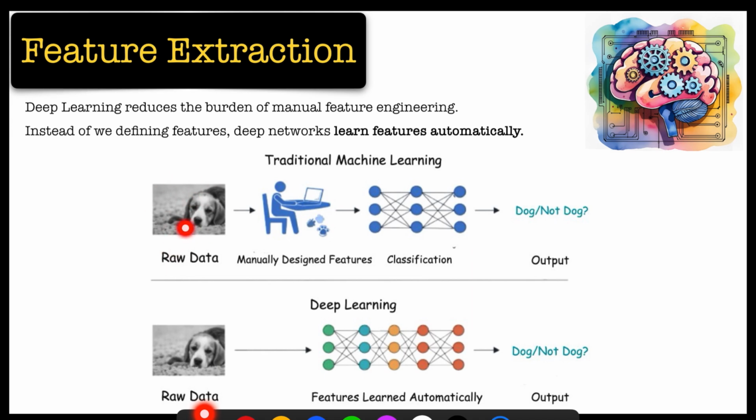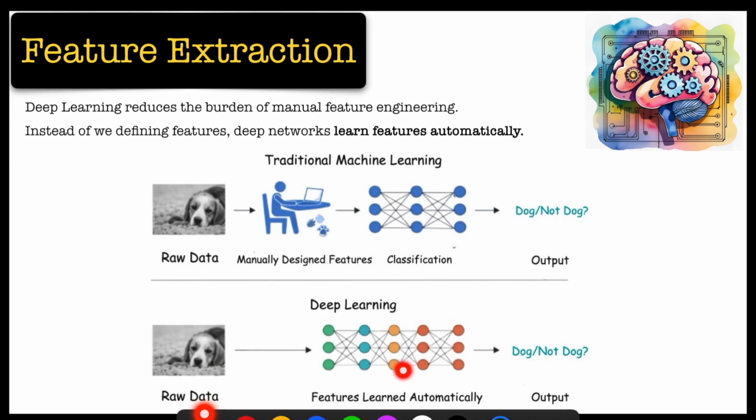We manually extract the features and then pass them through the model. This model can be a normal neural network or any other model, and then it will predict the output. In deep learning, we have the raw data and we directly feed it to the network, and features are learned automatically as it predicts the output.